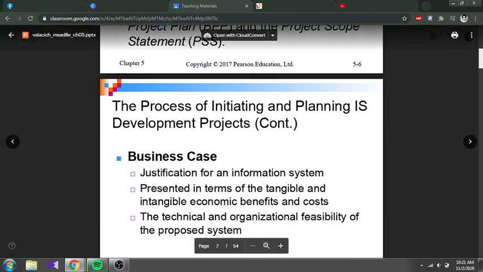And then we go to the business case. This is the justification for an information system, presented in terms of tangible and intangible economic benefits and costs, and the technical and organizational feasibility of the proposed system.